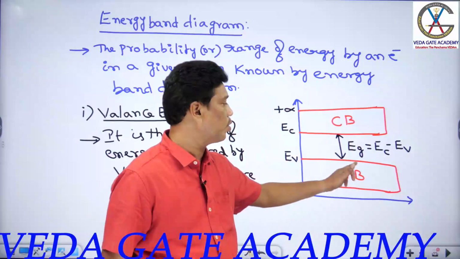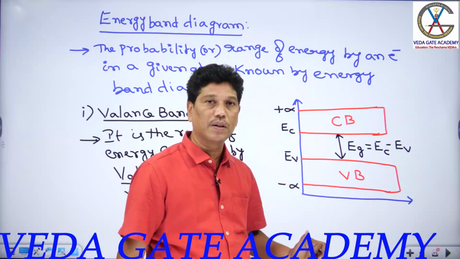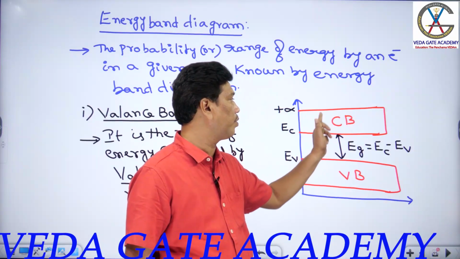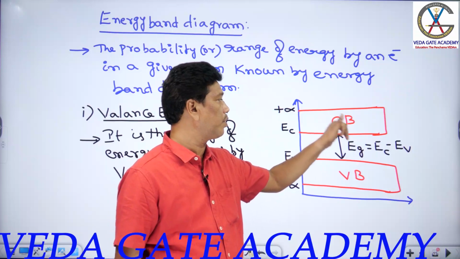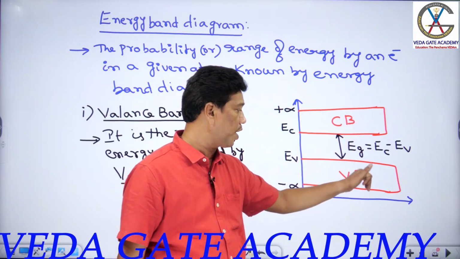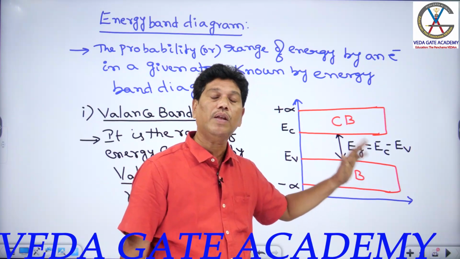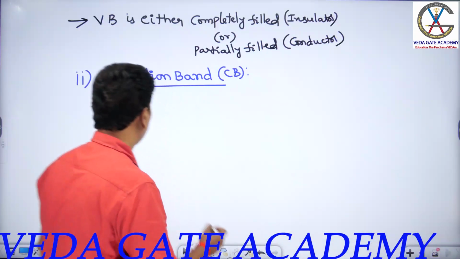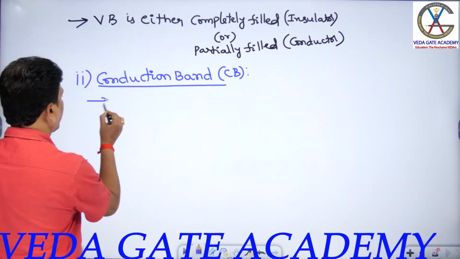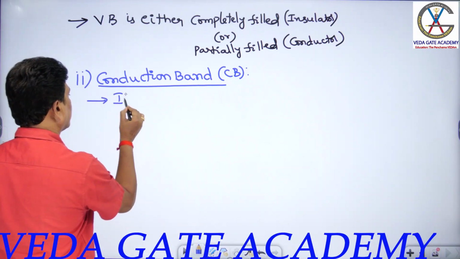The valence band is the energy range associated with bound electrons. The conduction band is the energy range associated with free electrons. So it is the range of energy considered by conduction electrons, nothing but free electrons.